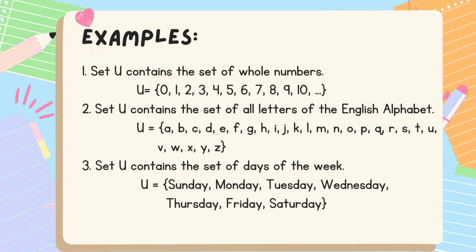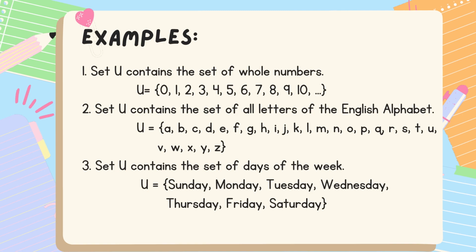For example number 2, we have the universal set which contains the set of all letters of the English alphabet. So its elements are A, B, C, D, E, F, G, H, I, J, K, L, M, N, O, P, Q, R, S, T, U, V, W, X, Y, and Z. And when dealing with letters of the alphabet, it is automatic that the universal set is the set of all the letters in the alphabet.